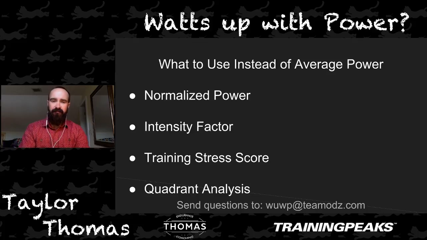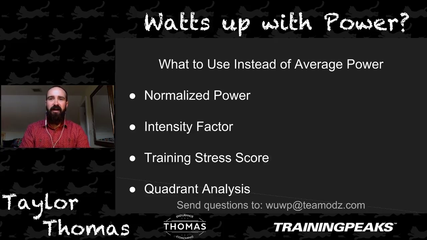Next slide. The first one that most people encounter is normalized power. Normalized power is basically a really complex algorithm that takes intensity into consideration, as well as the body's physiological response to changes in that intensity, and it understands that those changes due to increased or decreased intensity are not instantaneous.